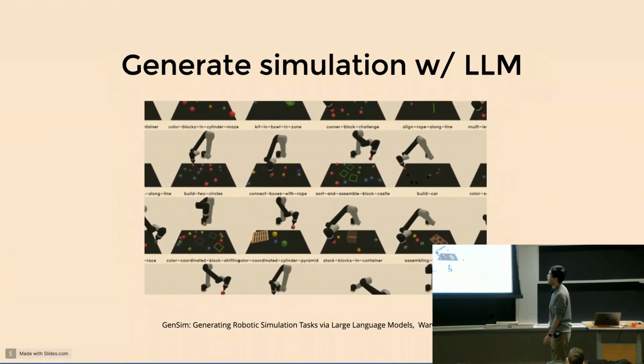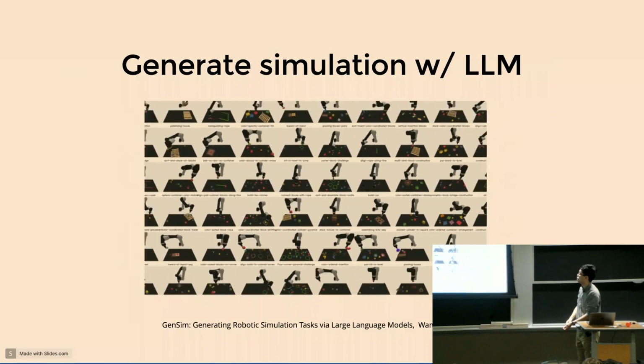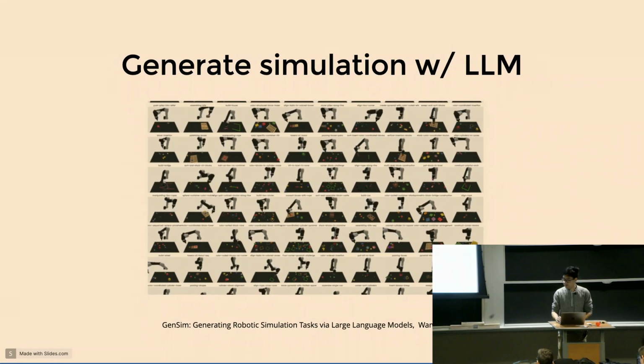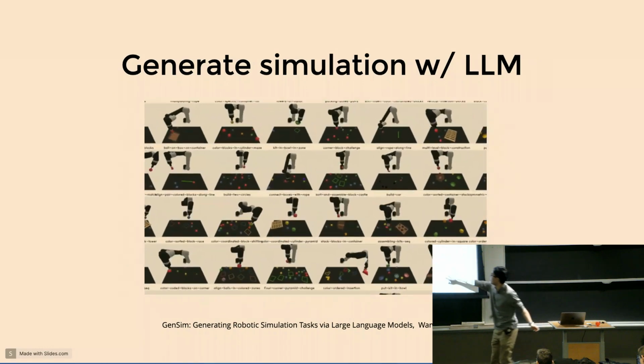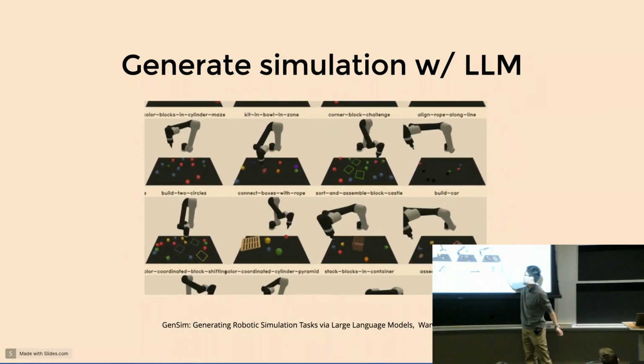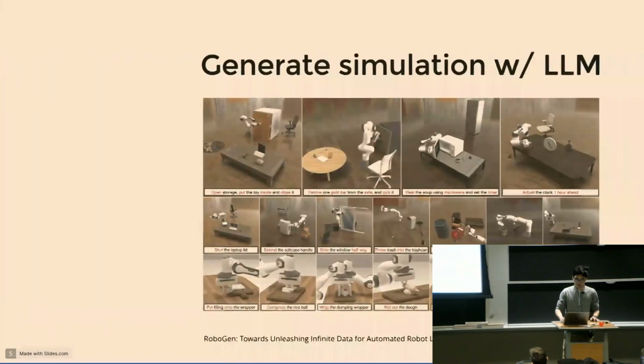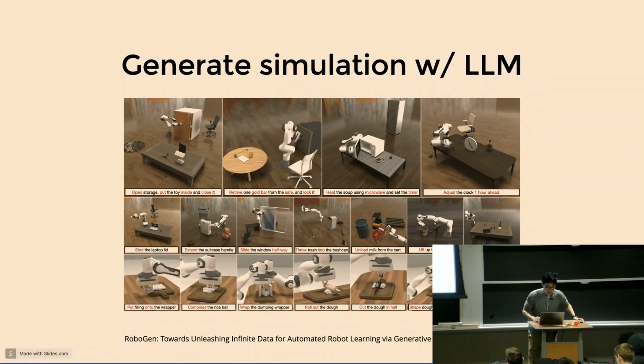With a certain amount of assets, they just ask large language models to synthesize code for physical simulations. You can see that each of these tasks is associated with some language prompt, and it just generates it for you. In addition, this is another work that generates simulation with large language models.